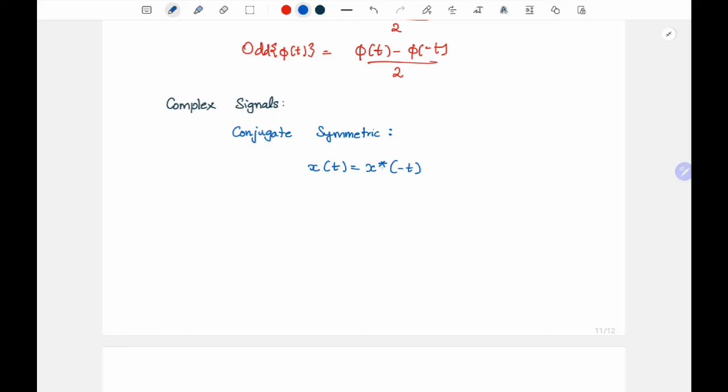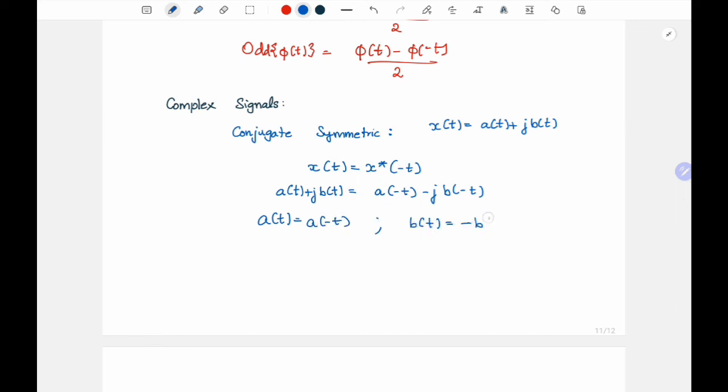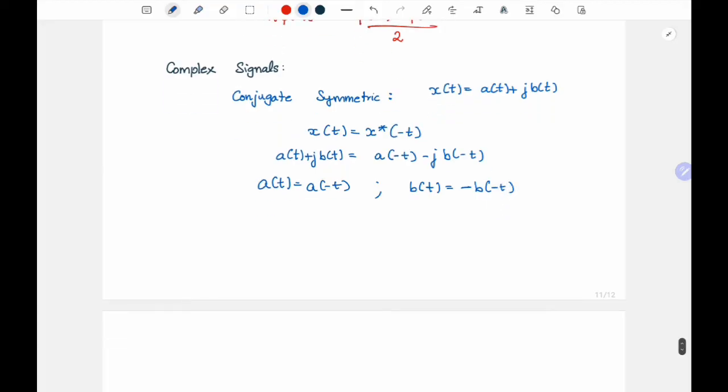If I compose x of t as a of t plus j b of t, this will be a of t plus j b of t is equal to a of minus t minus j b of minus t. The real part should be equal and the imaginary part should be equal. So a of t is equal to a of minus t and b of t is equal to minus b of minus t. So conjugate symmetric means it is even in real part and odd in imaginary part.